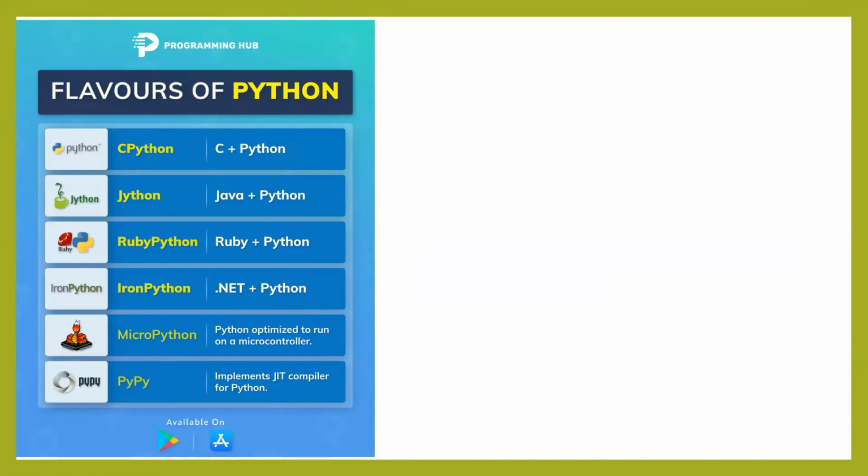There is MicroPython and PyPy. This PyPy is very fast. There is an inbuilt JIT compiler, and as compared to normal Python like Jython, it is more performance-wise and speed-wise than the other Python flavors.